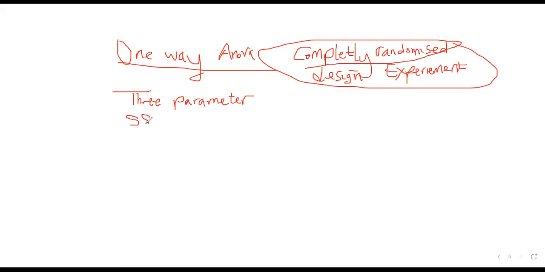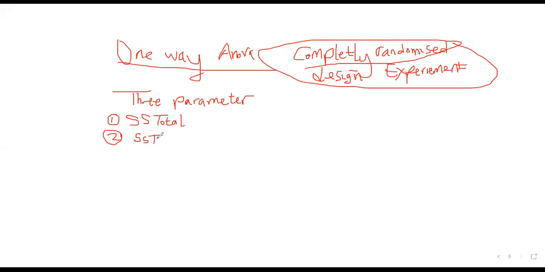So sum of square of total, that is the number one parameter. All right? The second parameter is sum of square of treatment.